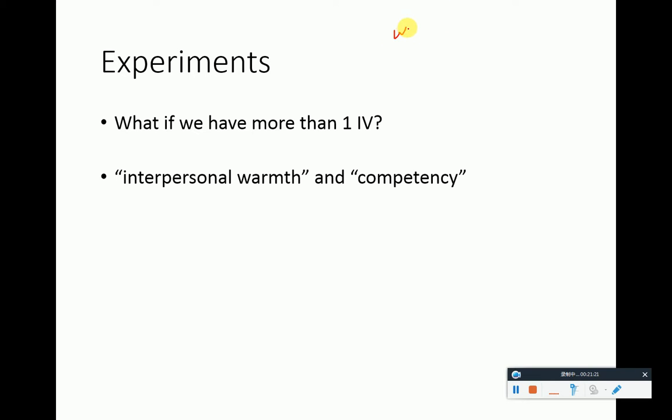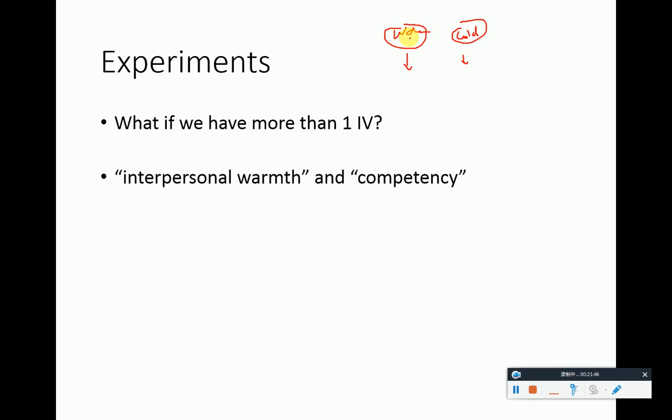We describe this person as warm for one group of participants. We describe the same person as cold for the second group of participants. So we have a warm condition and a cold condition, and these two conditions are the two values for this variable, interpersonal warmth.